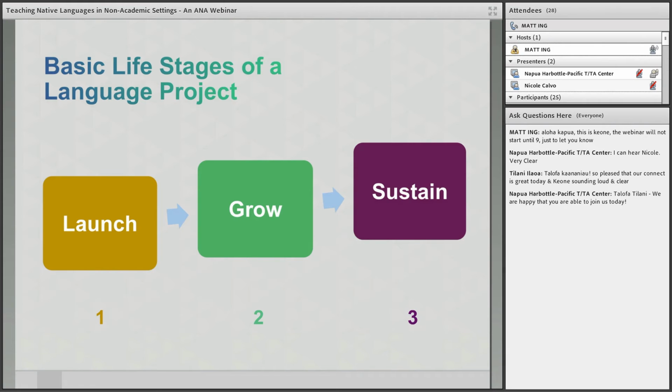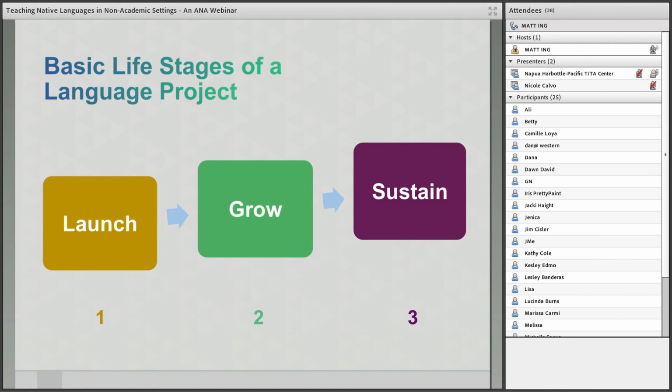This growth stage determines how much of the language will be sustained in the future. So these are the basic three stages of language projects. And again, this is very, very basic, very fundamental type of stages that we look at for languages.